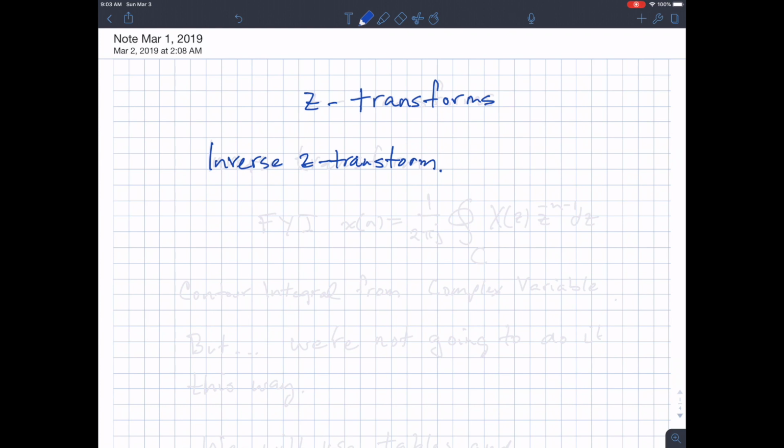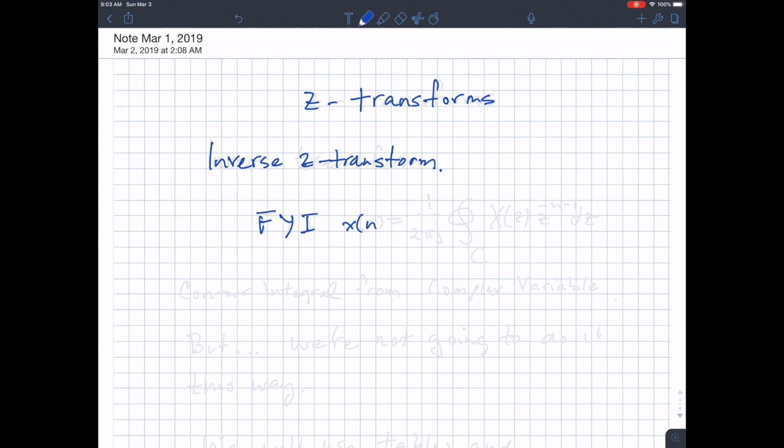Now I wanted to point out that when you take complex variables, you end up looking at how to do a contour integral in the complex plane, and it turns out the formula in general for inverting a Z transform is a contour integral over a certain closed region C, z to the minus n minus 1 dz.